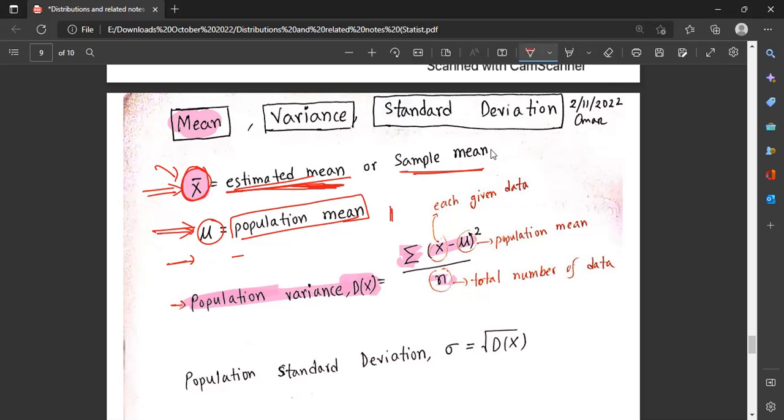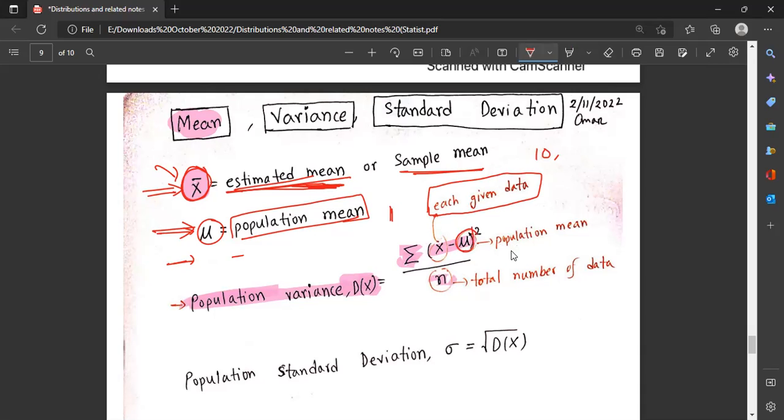Here x is each given data point. Like before, when we were interested in 10 minutes, we were interested in some specific data. That is x, and mu is the population mean.